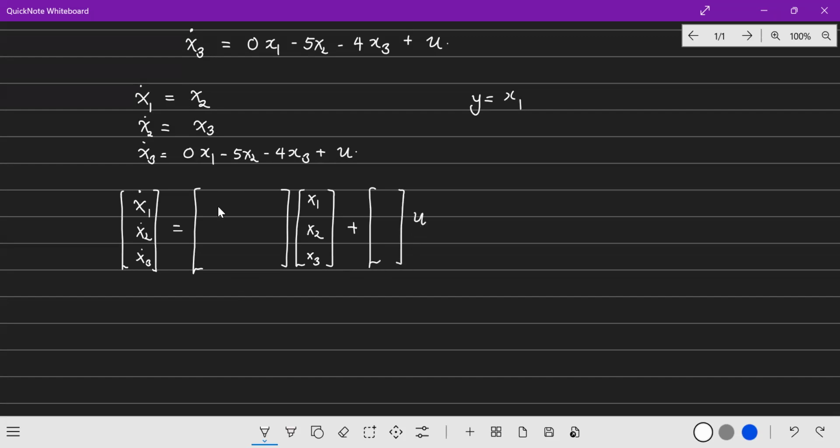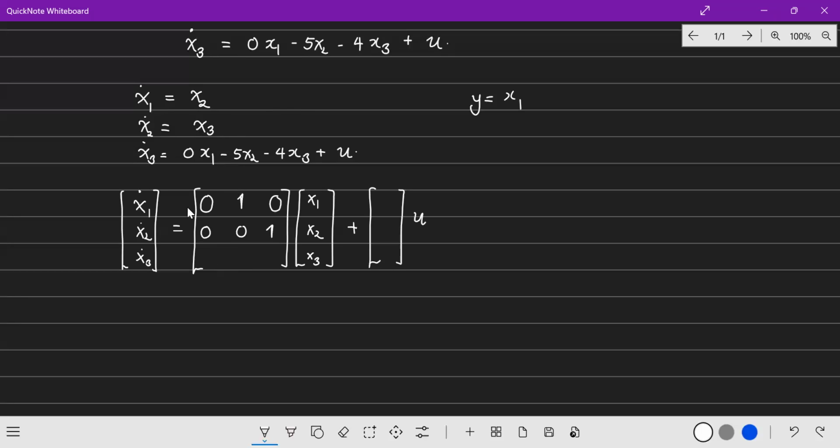So now these are the A matrix entries. As you can see from the x1 dot equation, you don't have x1, you don't have x3. So this position is for x1, this position is for x3, and in the middle you have x2, right? And for x2 dot, you don't have x1, you don't have x3. So this is 0, this is 0, and the coefficient of x3 is simply 1.